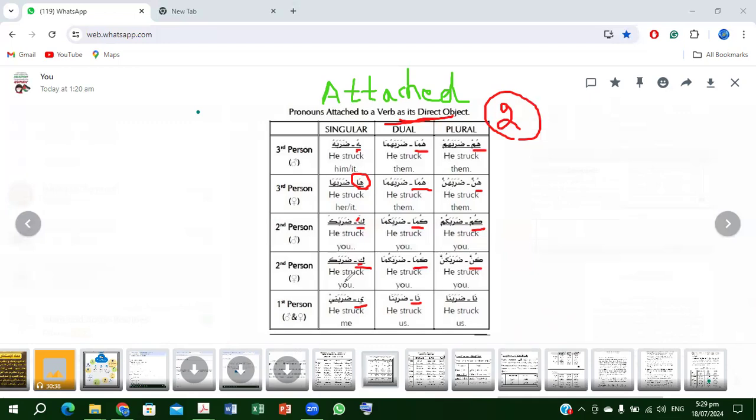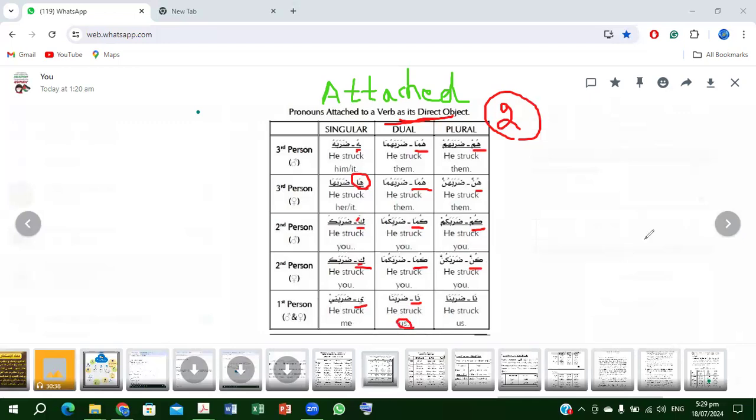So ka and ki are different for male and female. Darabakuma, he hit both of you, and darabakunna, he hit all of you females. Darabani. Because daraba is exactly the same and ya needs a kasra, it is darabani, he hit me. Darabana, he hit us.